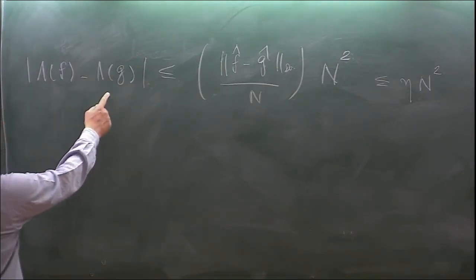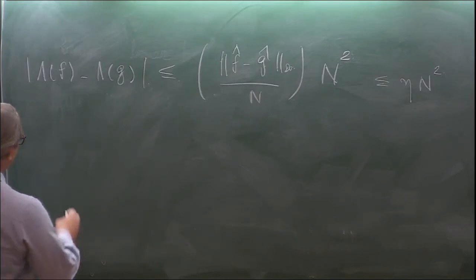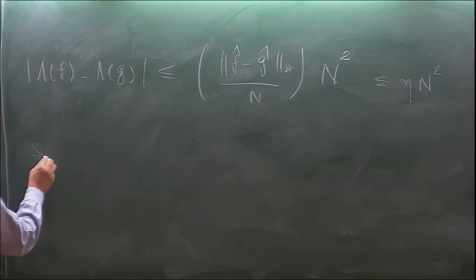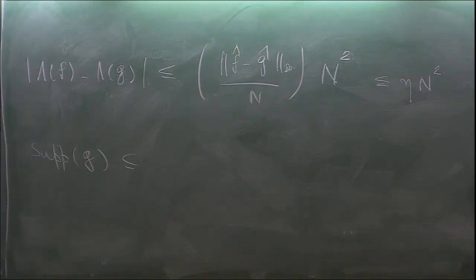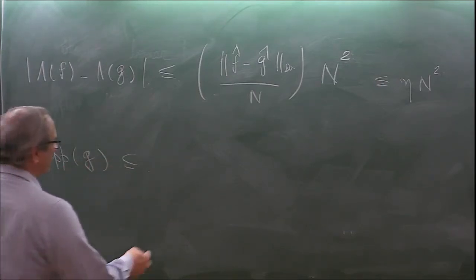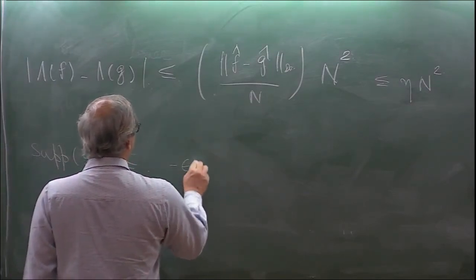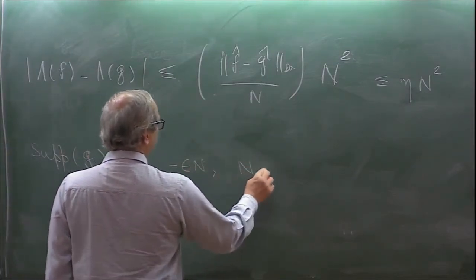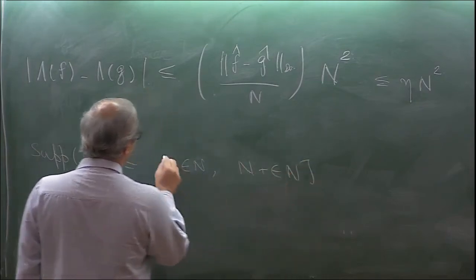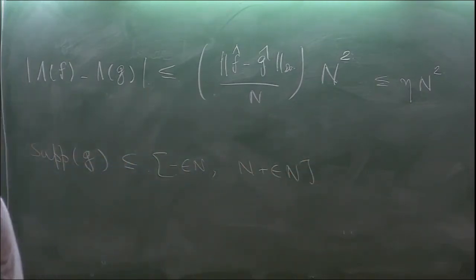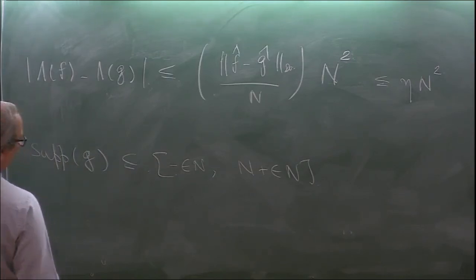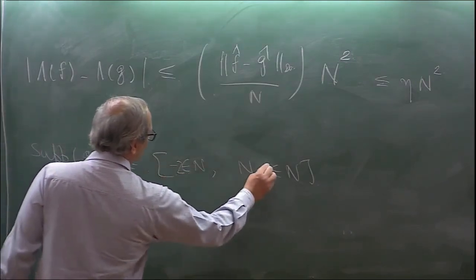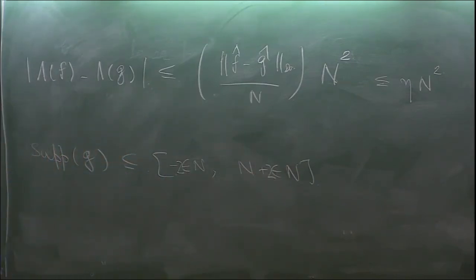There's only a small glitch in that the support of g is in fact contained not necessarily in 1 to n, but it is contained in minus epsilon n to n plus epsilon n. Because g is actually the convolution of f and this thing, and this 2b, okay, so you'll have to put 2 epsilon n, because b can go up to epsilon n.